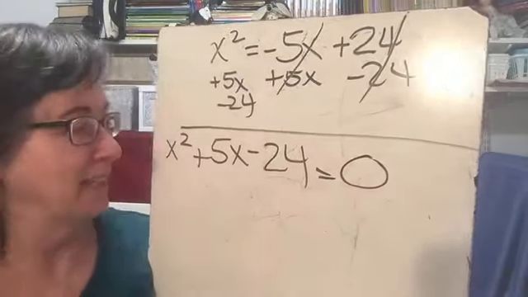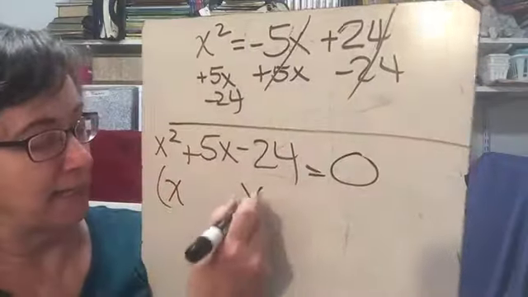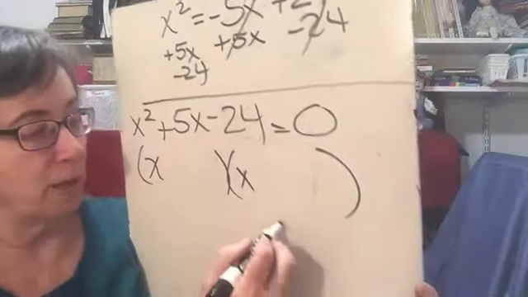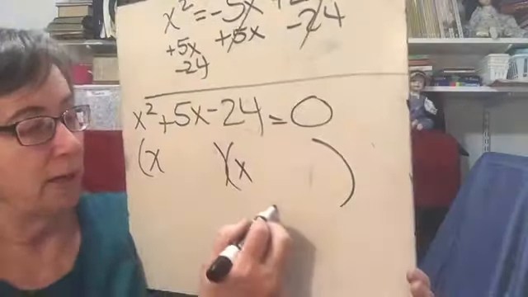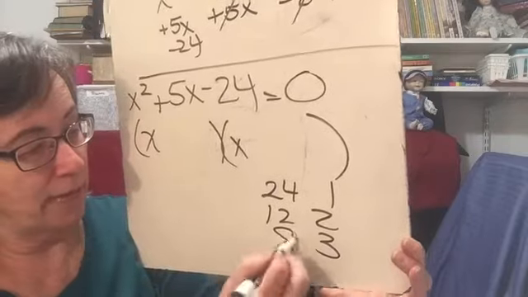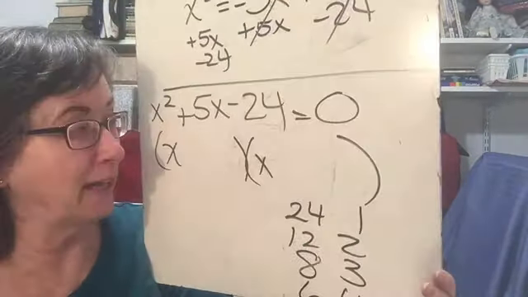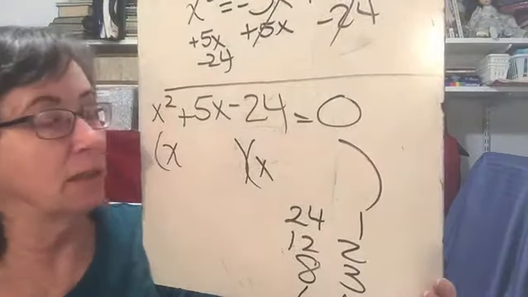So now we're going to factor x and x. We're going to think of all the ways that we can factor 24. 24 and 1, 2 and 12, 3 and 8, 4 and 6. Those are all the ways that we can factor 24. The minus sign tells me that we have opposite signs, and that's going to be a difference.